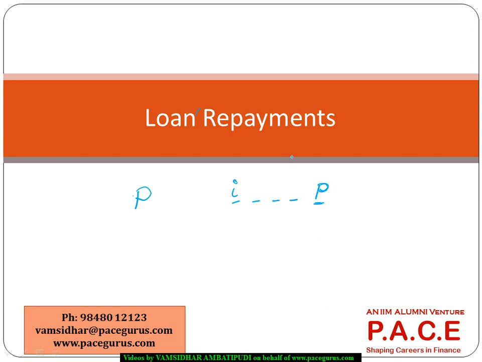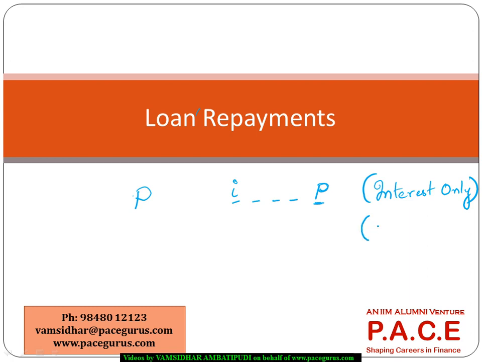This is typically called an interest-only loan, wherein I keep paying only the interest for some periods and the principal is paid on the maturity of the loan after a certain point in time.